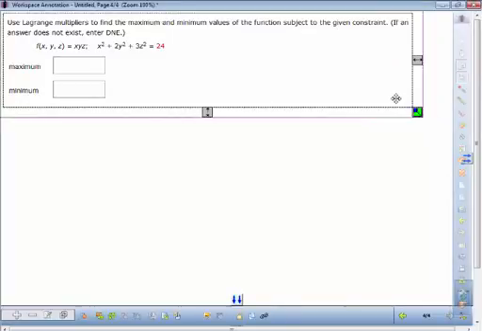All right, so my function is going to be f(x, y, z) = x times y times z. And then my constraint is x squared plus 2y squared plus 3z squared is equal to 24.